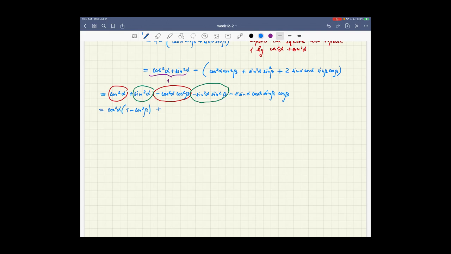And for the green terms, we get sine squared alpha times 1 minus sine squared beta. Now, of course, we can replace 1 minus cosine squared beta by sine squared beta, and 1 minus sine squared beta we can replace by cosine squared beta.